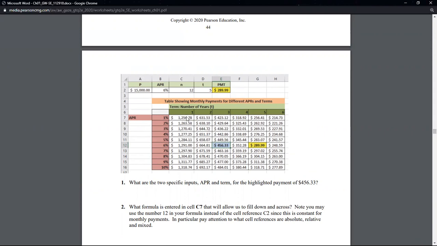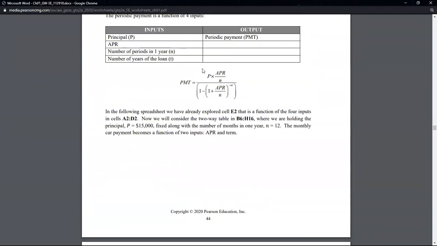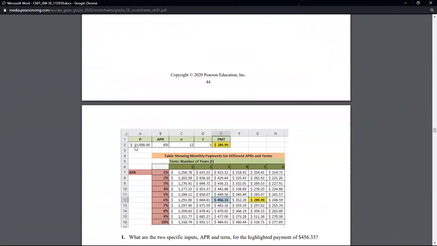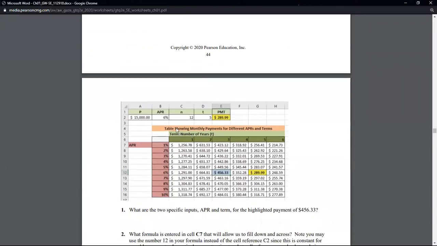So in this cell right here, cell C7, you would type equals, and then the formula would be very similar to the one you typed up here in the yellow box. It would still have all of these components, and you'd still be referencing the $15,000 part, and you'd still be referencing the 12 part, but we want to do a bunch of different APRs, and a bunch of different times. So we would no longer reference cell B2 and we would no longer reference cell D2. We would instead reference these cells B7 through B16 and these cells C6 through H6.